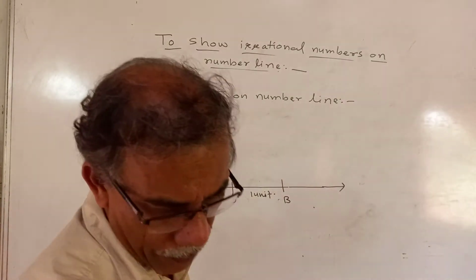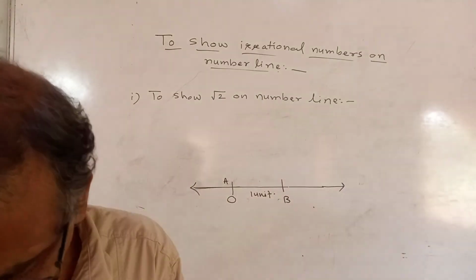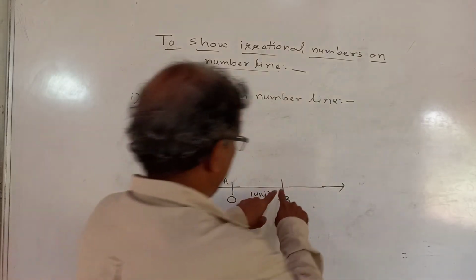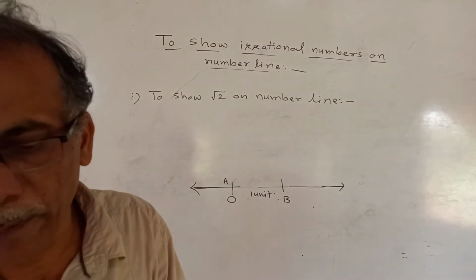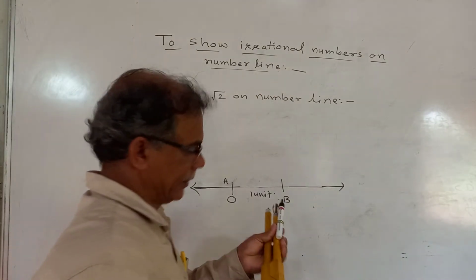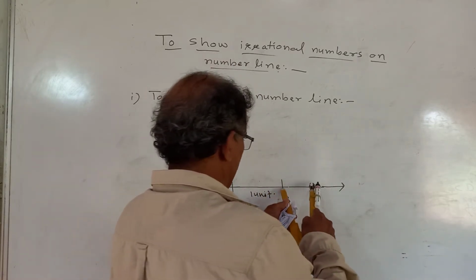Now what you have to do, at this point B, you have to draw a perpendicular to this line. You can take the protractor, keep it here, and mark 90 degrees. Or with the help of a compass, you can draw the perpendicular like this. How to construct the perpendicular?